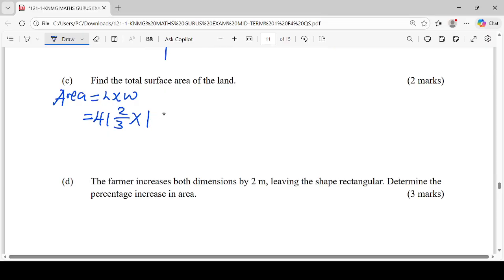When you do that multiplication, you get 763 8 over 9 square meters as the area of that land.